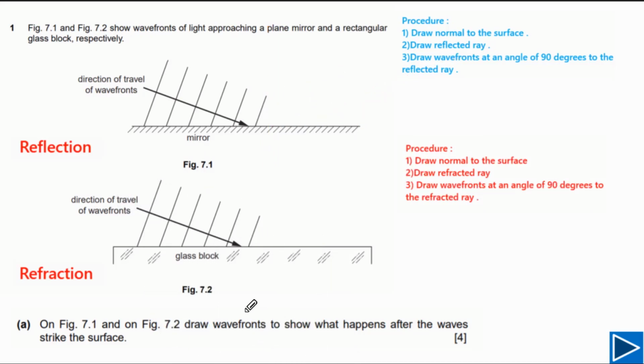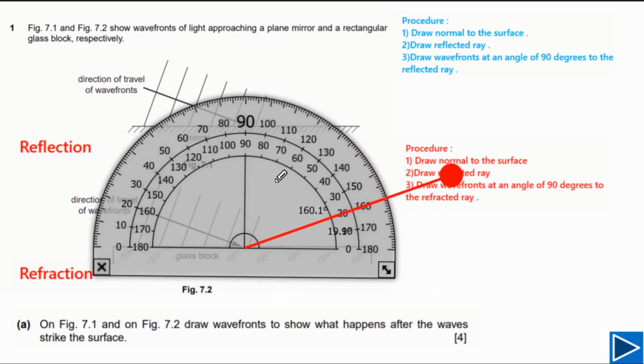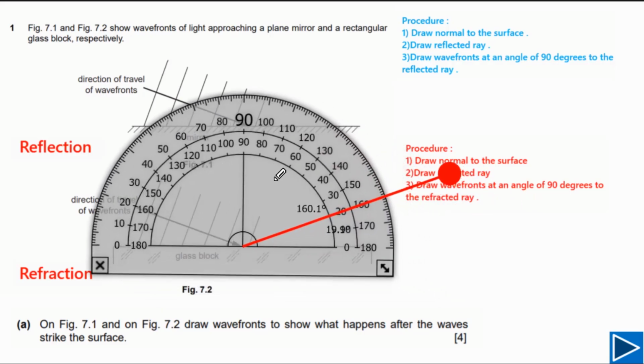For the second part, we need to draw refracted wavefronts on figure 7.2, and we will follow these steps. First of all, we will draw normal to the surface, then we will draw refracted ray, and finally we will draw wavefronts at an angle of 90 degrees to the refracted ray. First of all, normal to the surface.